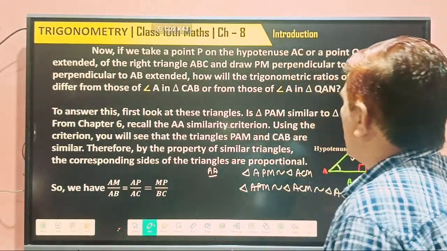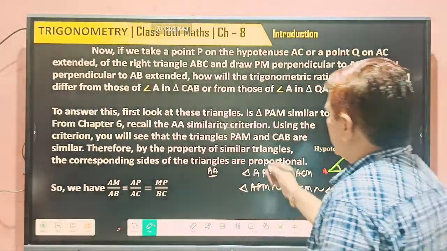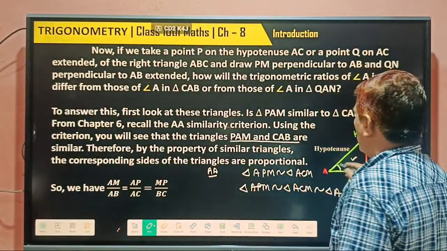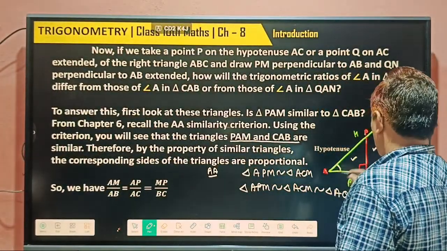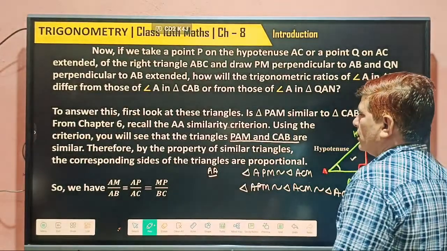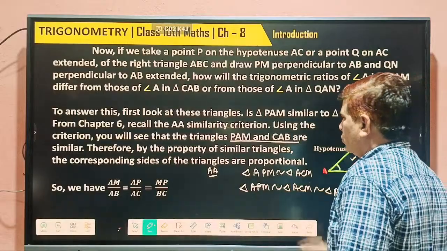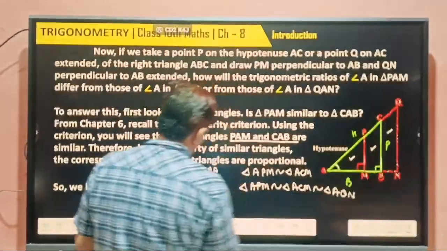Yes or no? But here we are talking about these two triangles, PAM and CAB. You can write it like this. So if these are similar, what's its meaning?